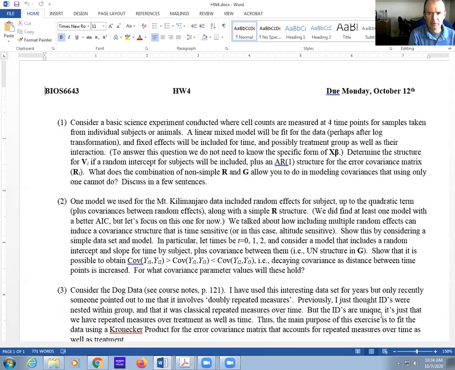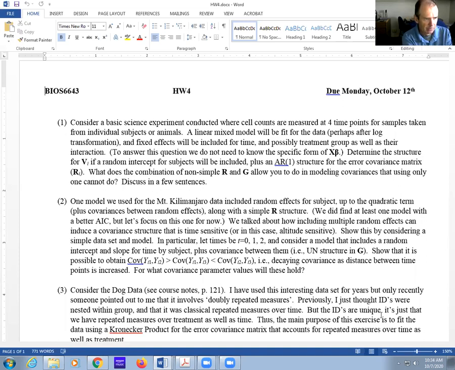That happens a lot with cell counts, you get right skew distributions. Fixed effects will be included for time, possibly treatment group, as well as their interaction. So we're focused on the ZB plus epsilon part of the mixed model. We're not as concerned about the fixed effects for this particular question.